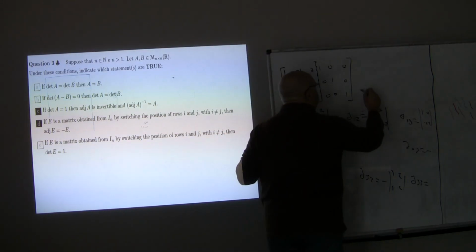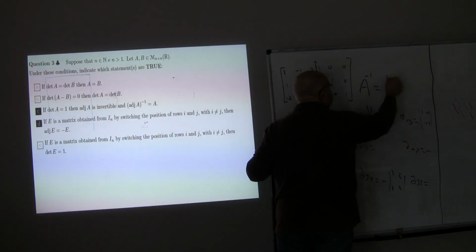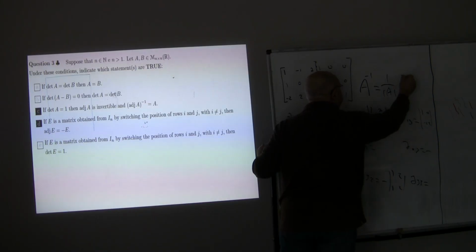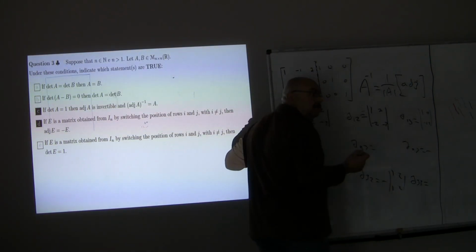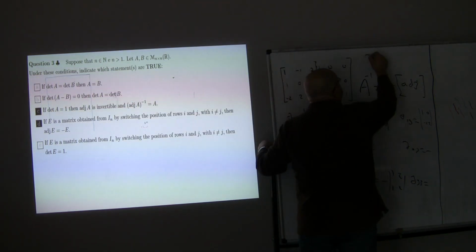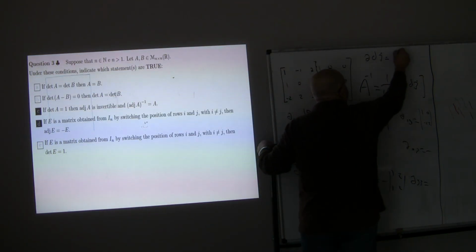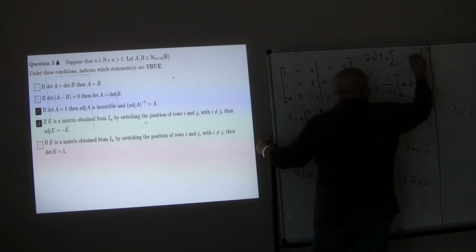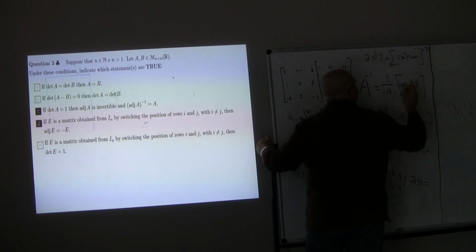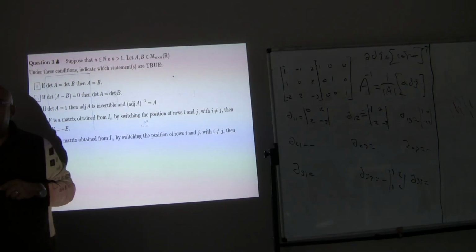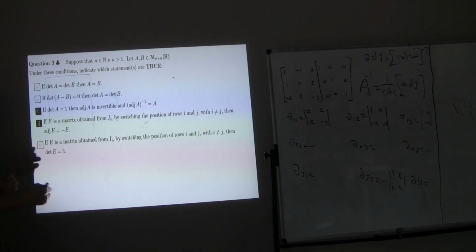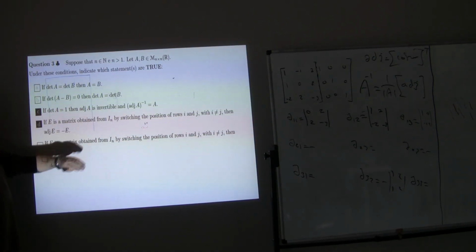Of course, you know that A inverse is equal to 1 over the determinant of A times the adjoint matrix. And once more, the adjoint matrix is the transpose of the cofactors. All of these cofactors. Do you read me? Okay.